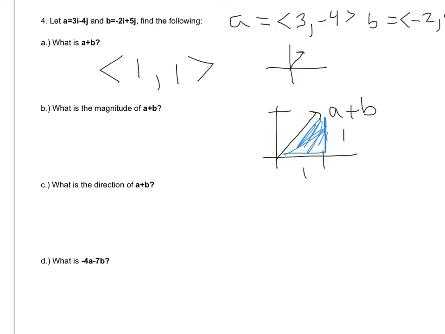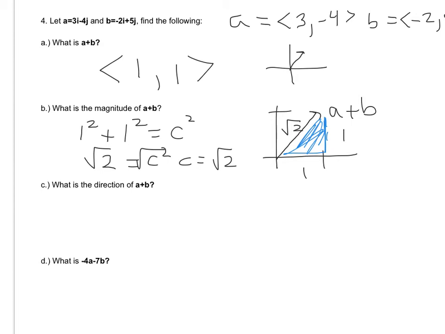So your magnitude is essentially just the hypotenuse of a right triangle. We could just do Pythagorean theorem, 1 squared plus 1 squared equals c squared, and c is going to be our magnitude. So 1 plus 1 is 2 equals c squared. If I take the square root, the hypotenuse c is square root of 2. So that magnitude is square root of 2.